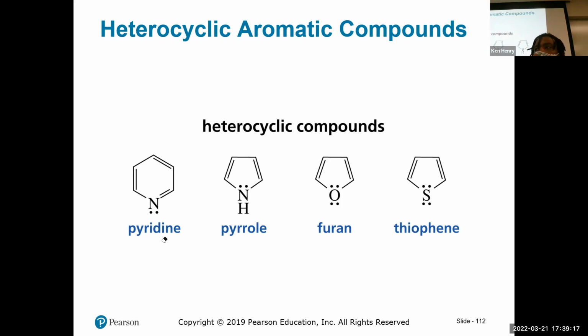So pyrimidine, this is pyrrole, this is furan, and this is thiophene, okay? All are aromatic rings because they meet that criteria. They'll have an odd number of pairs of pi electrons, okay?